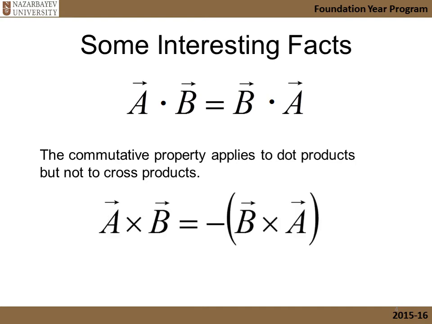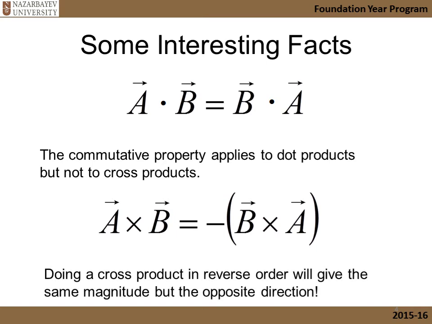But if we take our cross product, our result, which is a vector, will have the opposite direction. So the cross product of a and b will be equal to minus the cross product of b and a.